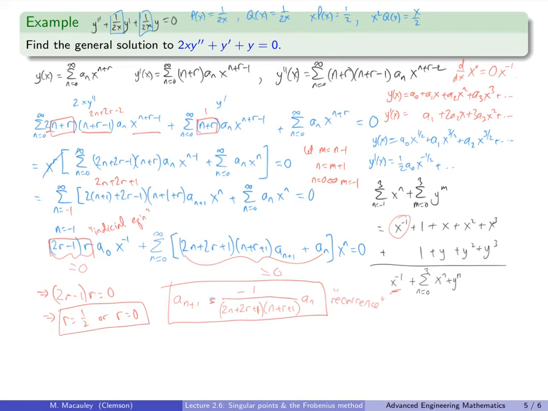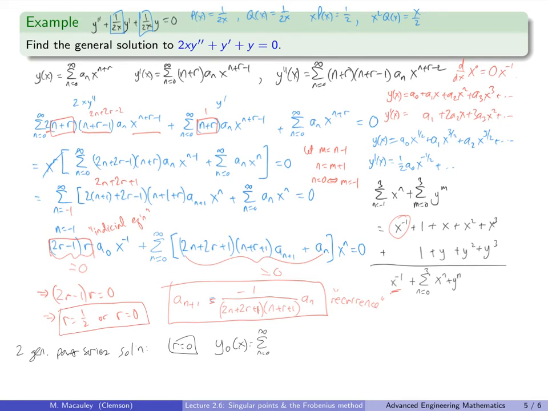So notice that we have two generalized power series solutions. Sorry, I didn't write that too clearly, but I think you know what I mean. So we have one where r equals 0. In that case, we have y0 of x equals the infinite sum from n equals 0 to infinity.